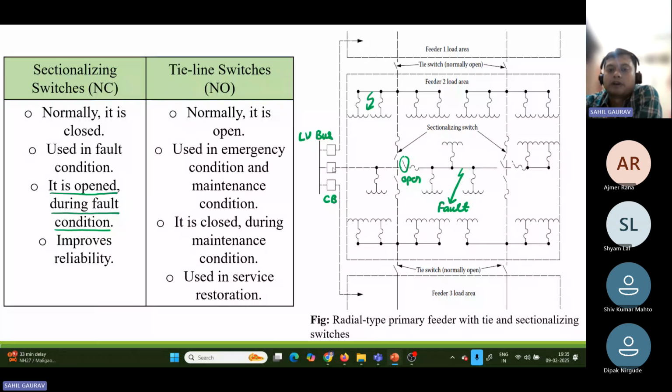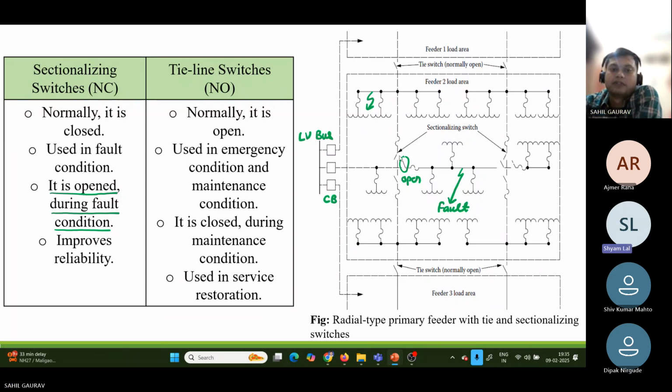What happens? You cannot take power from feeder two, so you have to take power from the other feeder. You can use these tie line switches. During maintenance of the circuit breaker for the respective feeder, you cannot take power from that feeder, and in that case you can take power from the other feeders by closing these tie line switches.